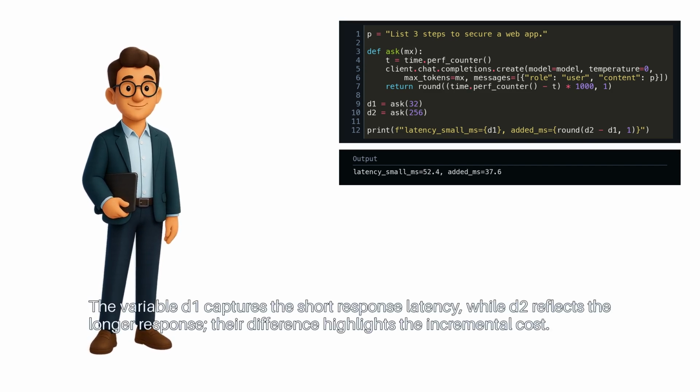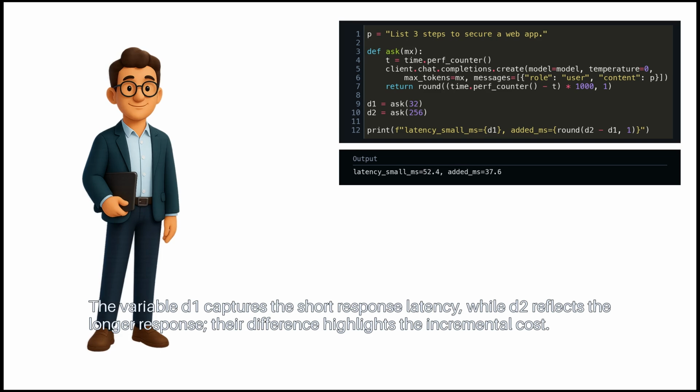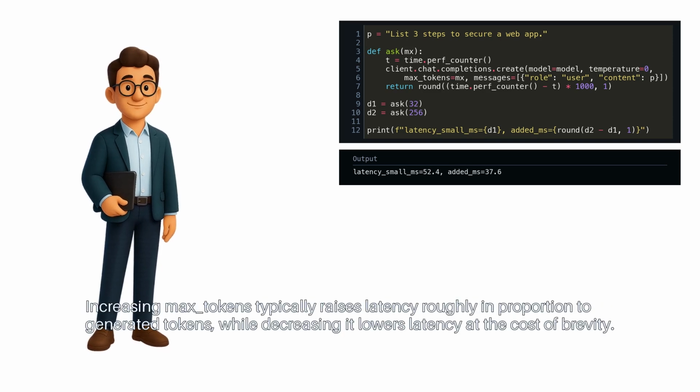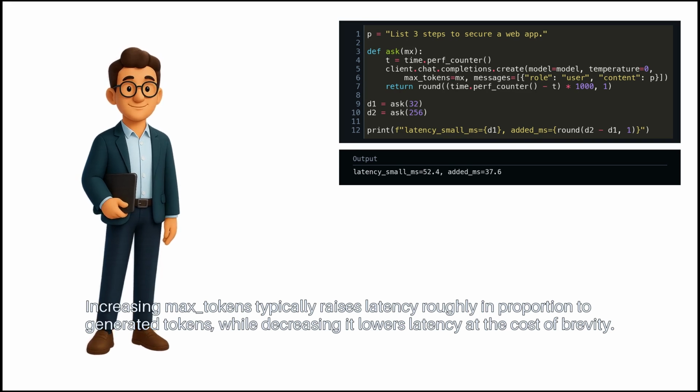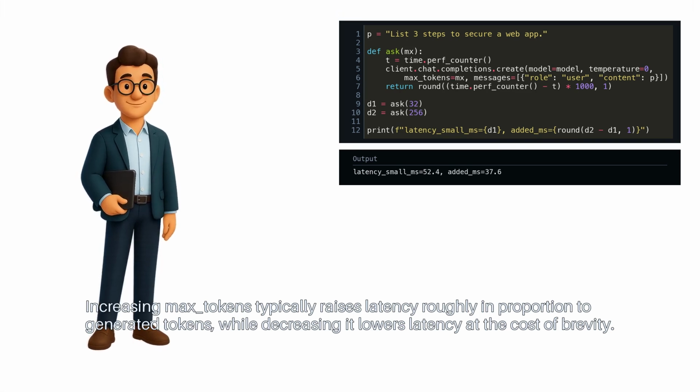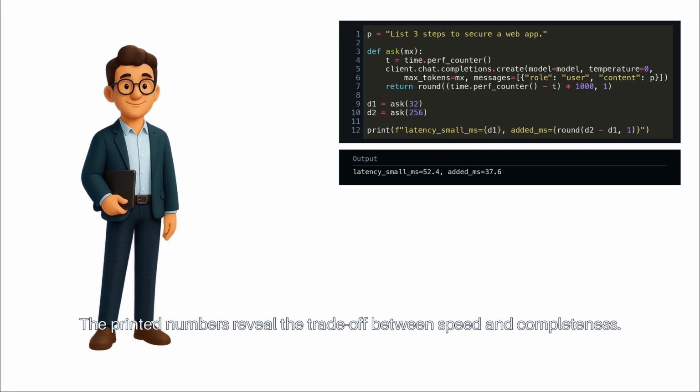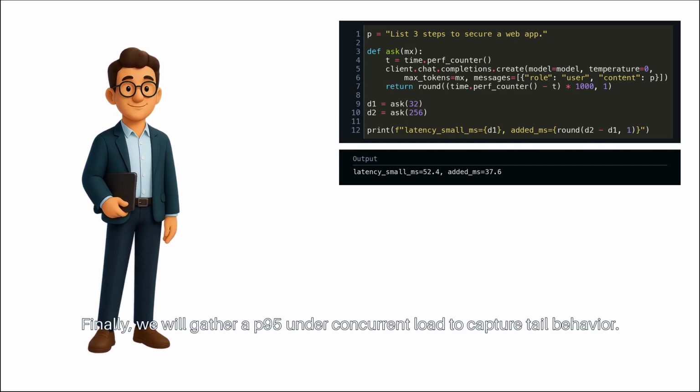The variable d1 captures the short response latency, while d2 reflects the longer response. Their difference highlights the incremental cost. Increasing max tokens typically raises latency roughly in proportion to generated tokens, while decreasing it lowers latency at the cost of brevity. The printed numbers reveal the trade-off between speed and completeness.